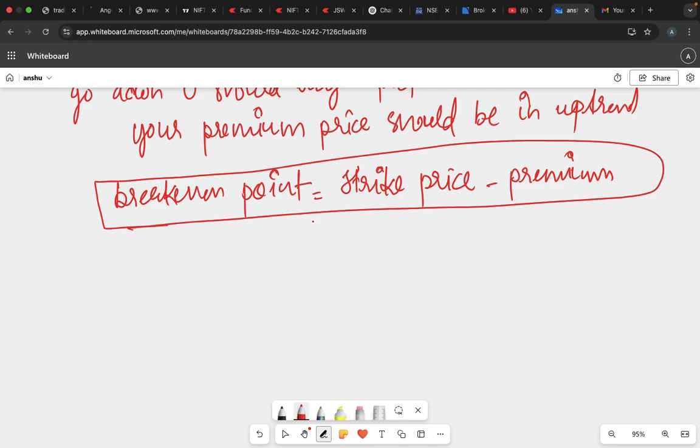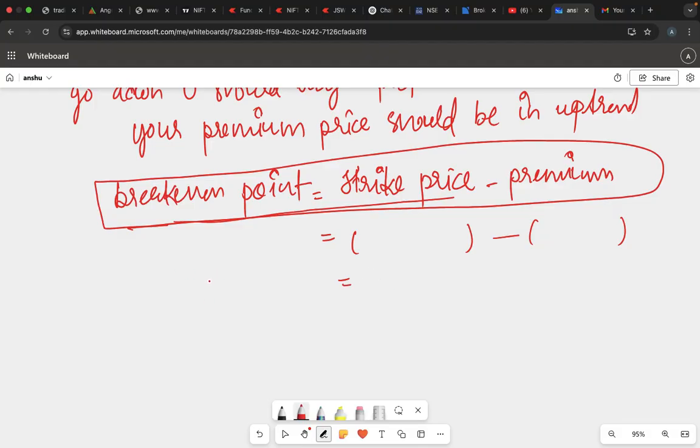If you have bought the put option and you want to calculate at what level you will be profitable and at what level you will be in loss, then you can take this formula. You put your strike price over here and put in whatever premium you have paid, and you will calculate the break even point.